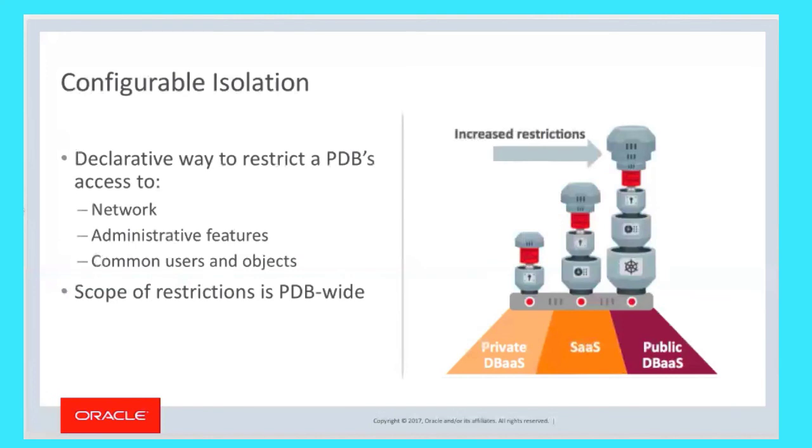For this, we introduced something called application root. From a logical perspective, it is similar to CDB$ROOT. But from a software standpoint, it is a special type of PDB plugged into the CDB$ROOT.